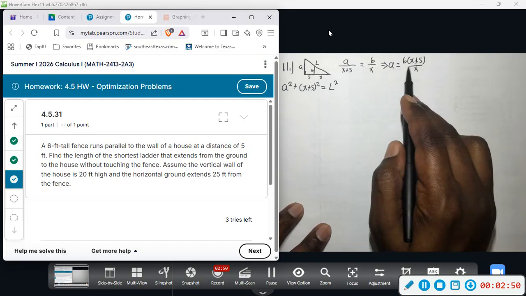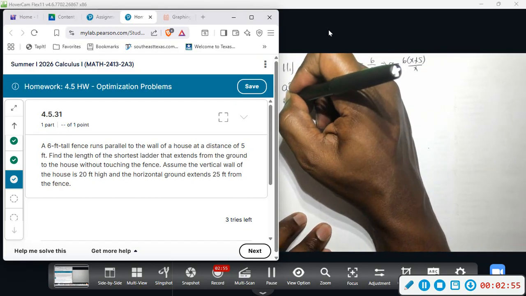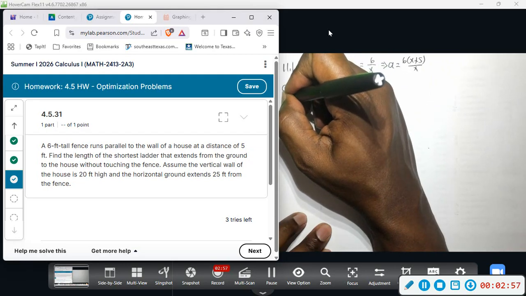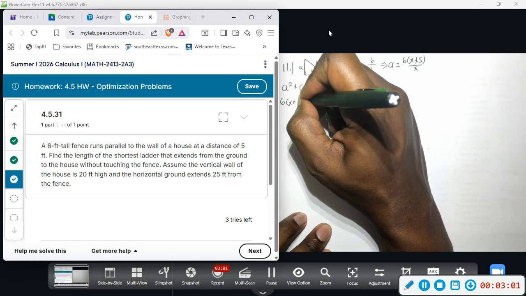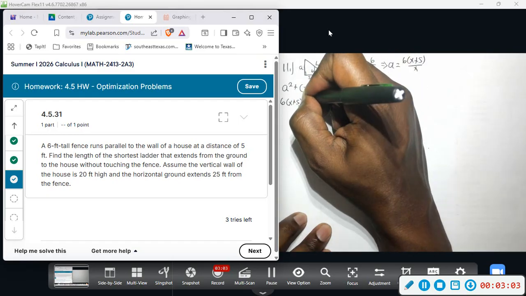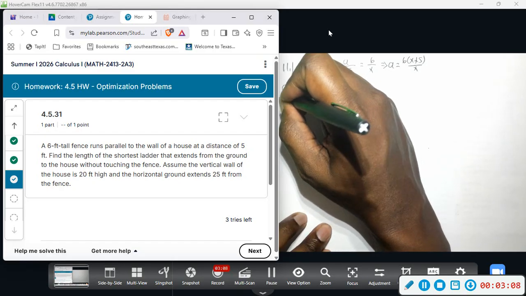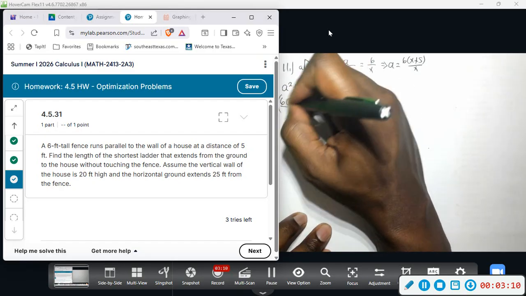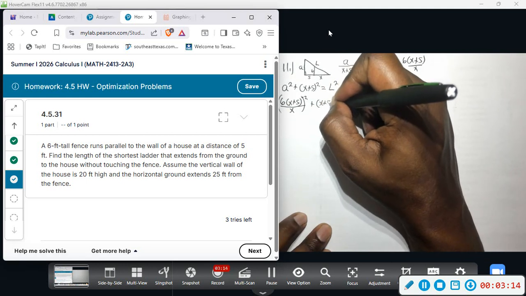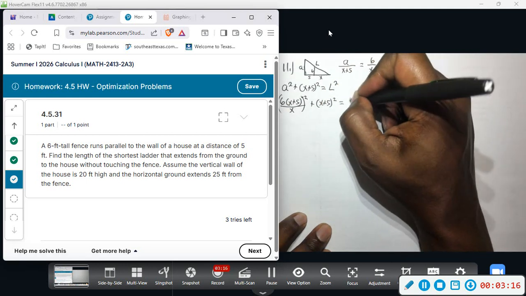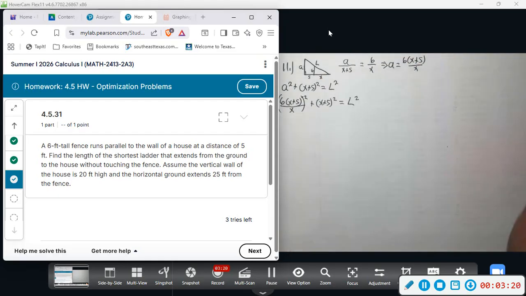All right, so now I have A in terms of X. So I have one equation, one unknown. I'm going to plug that in. A squared is now going to be 6 times X plus 5, divided by X, this whole thing squared, plus X plus 5, squared, equals L squared. Now, normally we would take the square root of both sides.